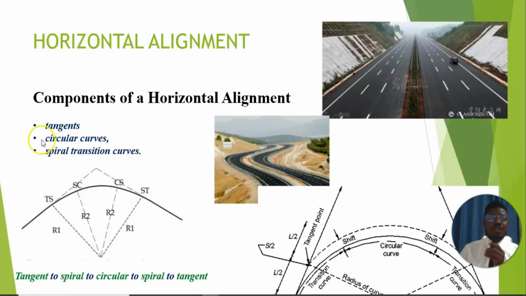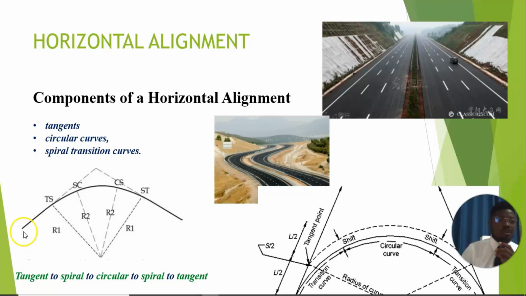This is tangent. But most of the time on the road, it has to do with the compilation of all these components, because not all roads are tangents, always on a straight line. After a while there will be a circular curve movement or a spiral transition curve movement, like the example we have here in this picture.